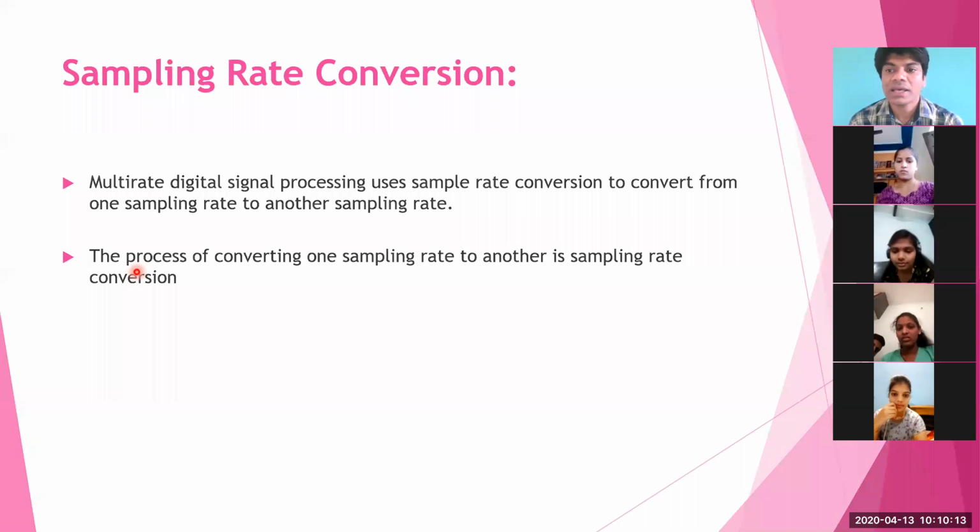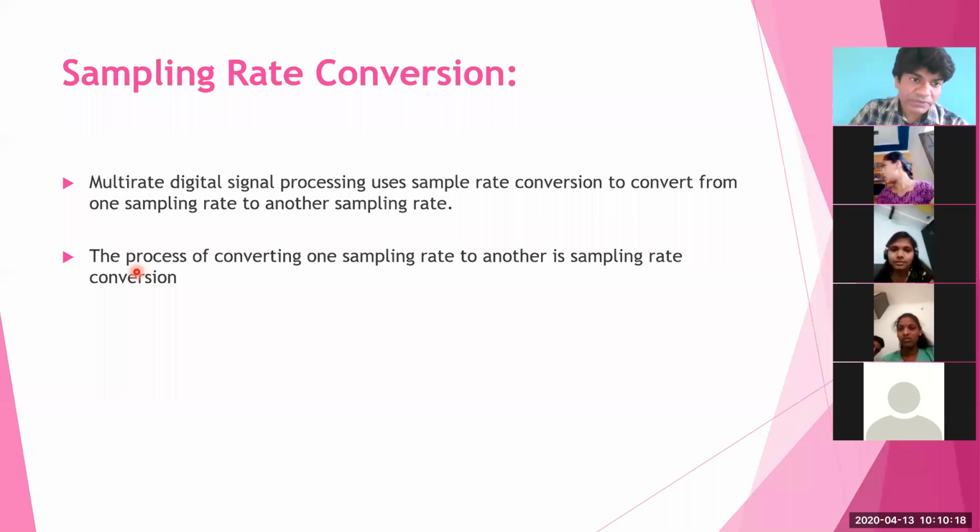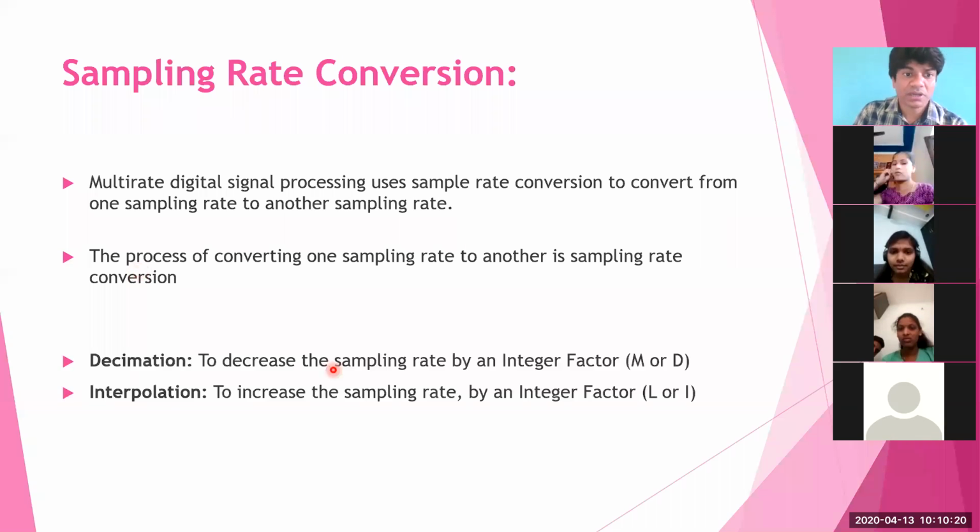That is what we call sampling rate conversion. Well, there are a couple of things you need to know here. One is the decimation process, another one is the interpolation process. Decimation is simply to decrease or reduce the sampling rate by an integer factor.